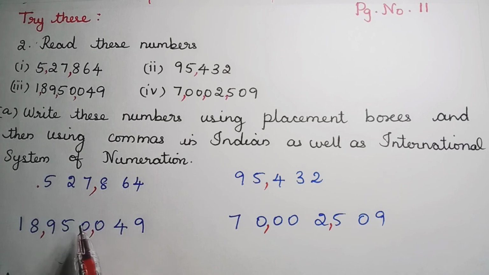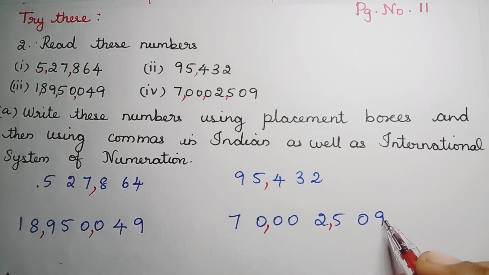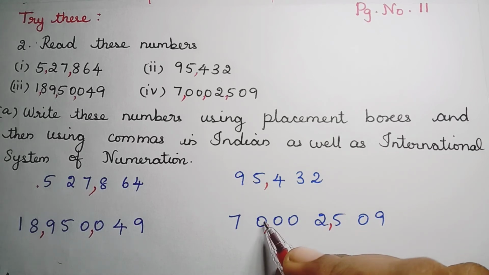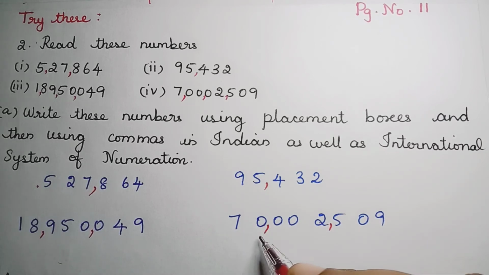Ones, tens, hundreds, thousands, ten thousands, hundred thousands, million, 10 million. So this is 18 million 950,049. Okay. So same way, this is 70 million 2,509. Okay. That's it about this question.